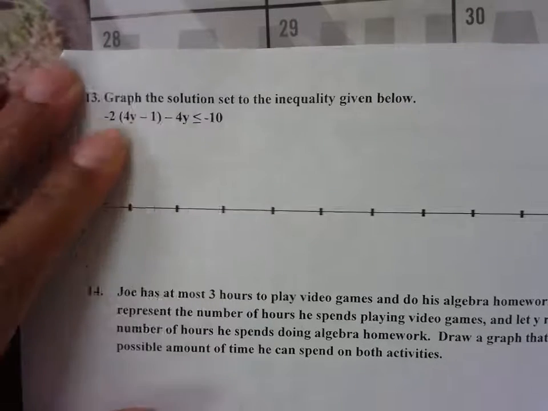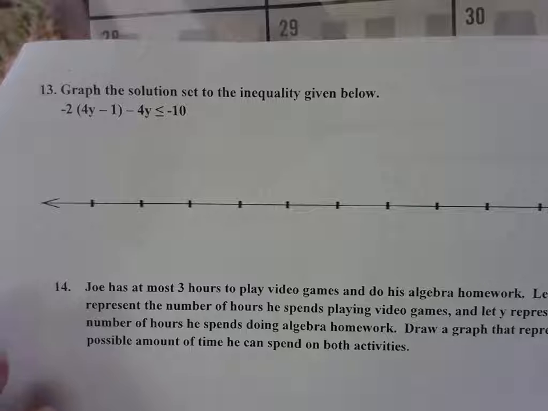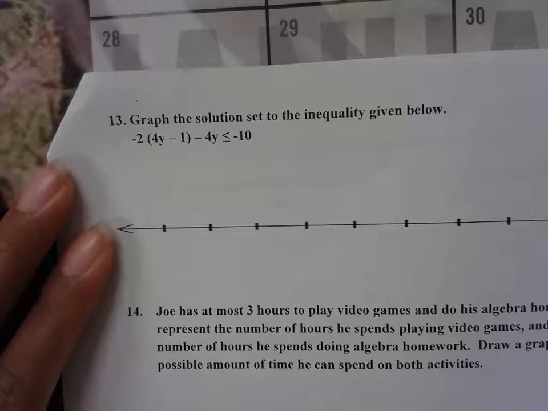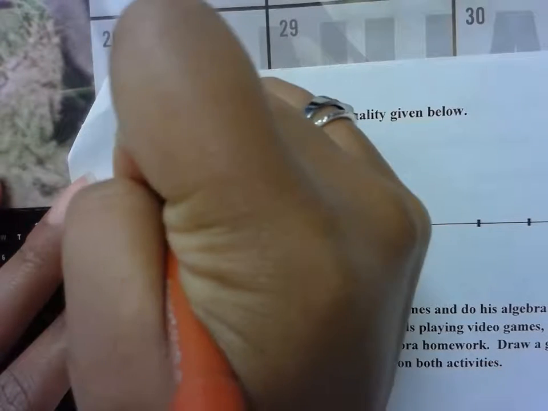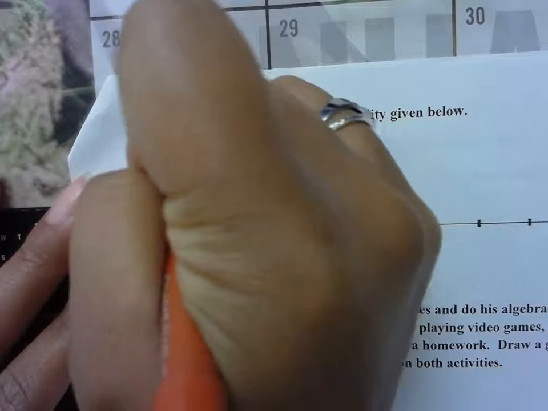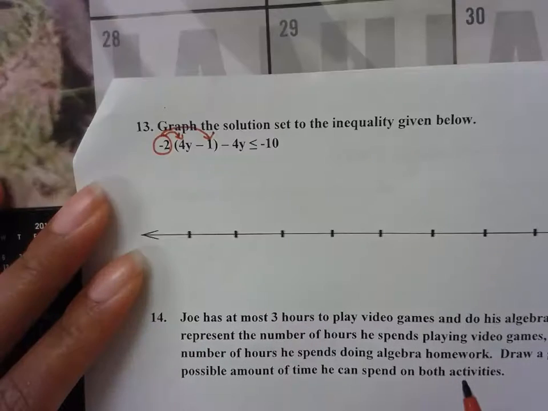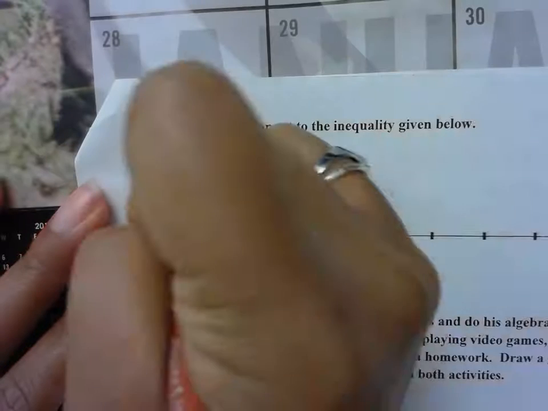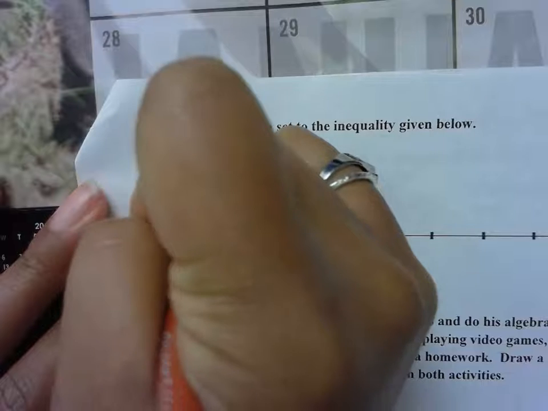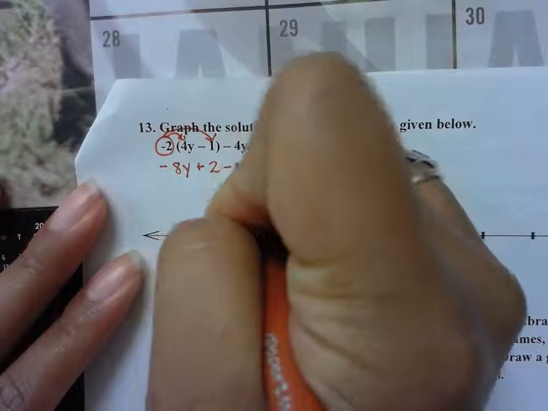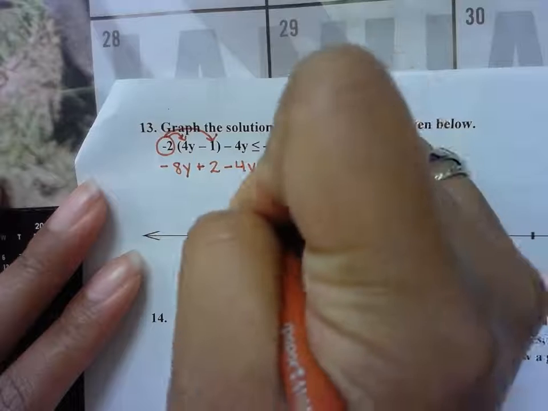Before I can graph, I must first solve for y, and I start off by distributing negative 2 to 4y and to negative 1 to eliminate parentheses, which leaves me with negative 8y plus 2 minus 4y is less than or equal to negative 10.